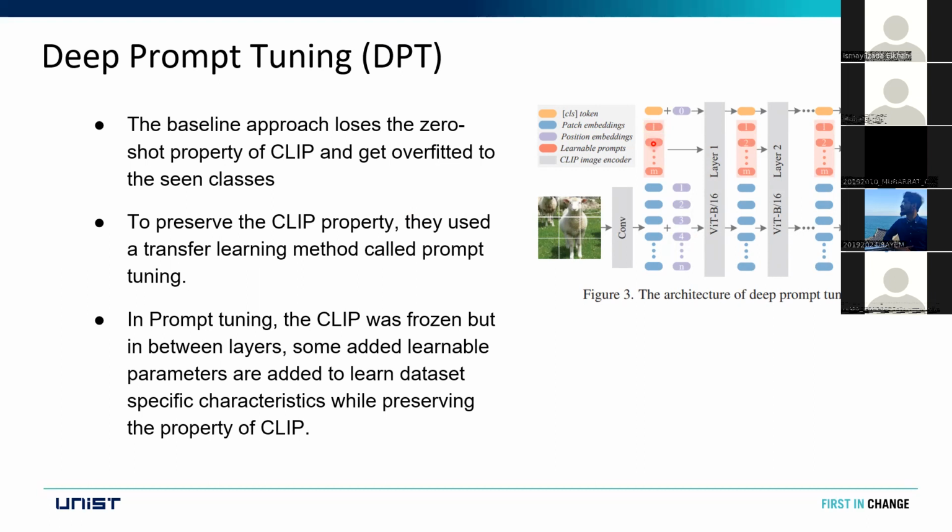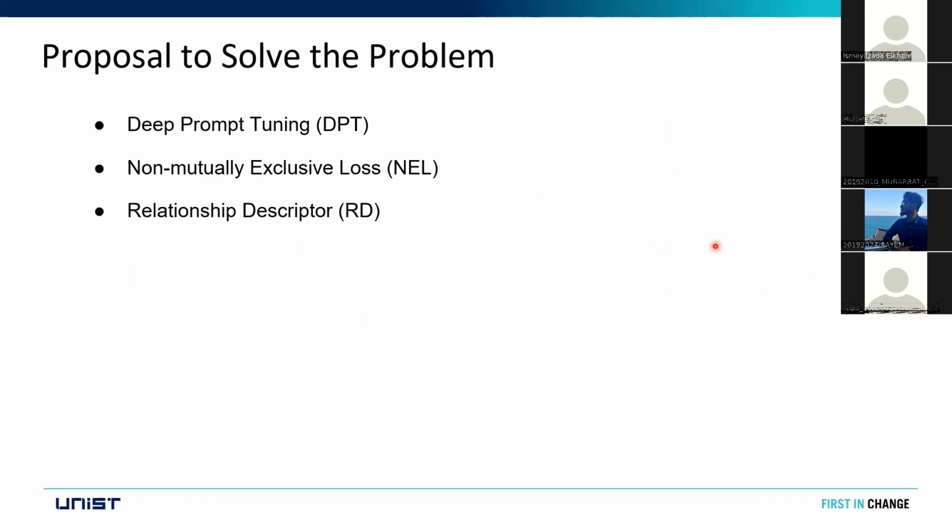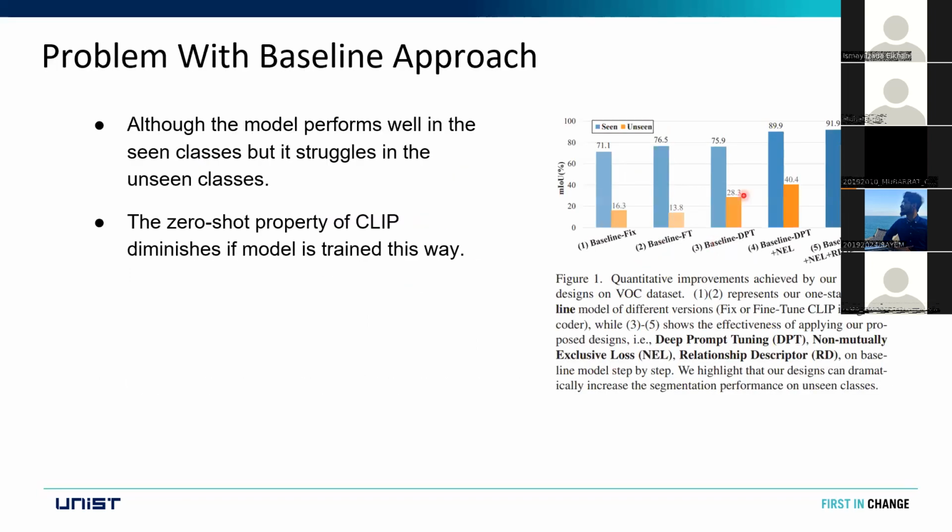So let's say it was trained on the COCO dataset, these parameters will get the property of COCO, but the CLIP layers will be frozen, so it will still be generalized enough to do zero-shot segmentation. In this approach, it also improves accuracy.